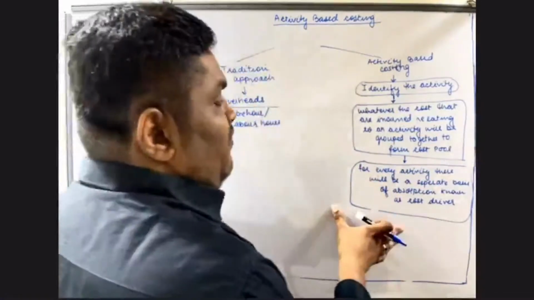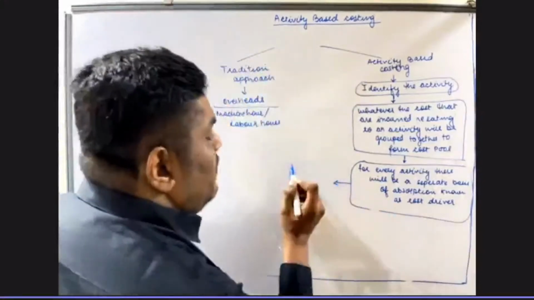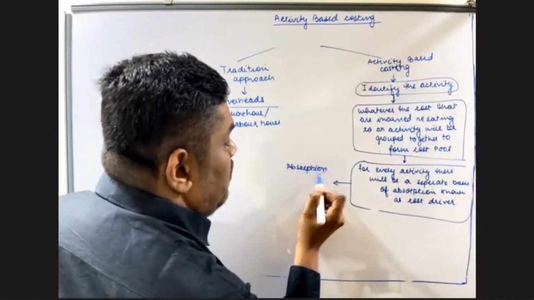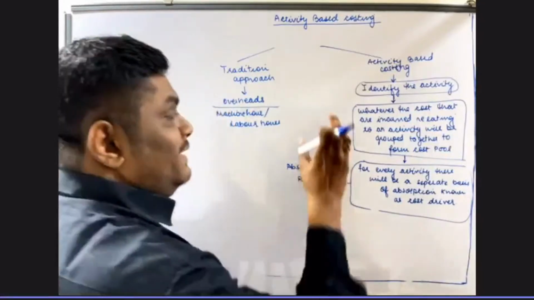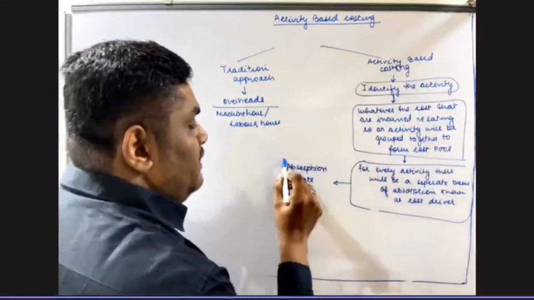Now, once the cost driver is identified, what will we do? We'll calculate the absorption rate, that is, the total cost divided by the cost driver in units.